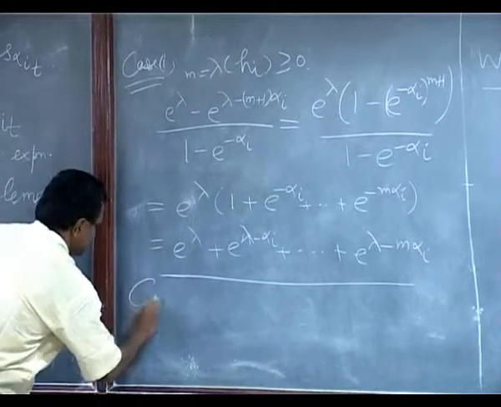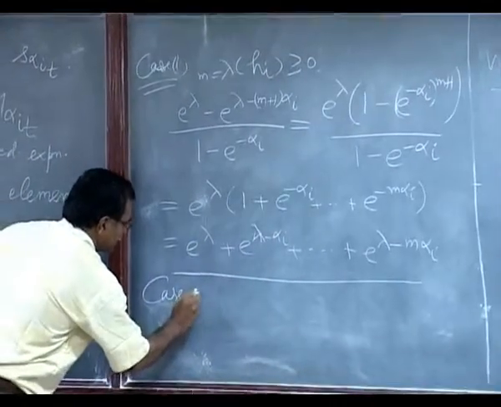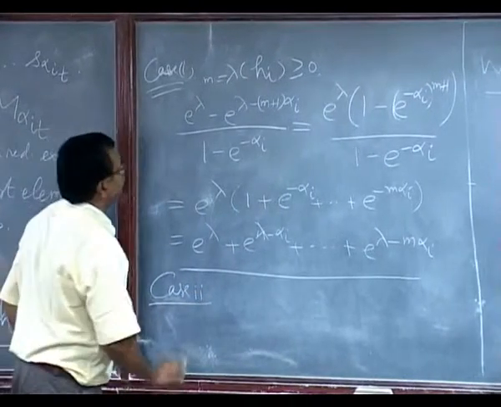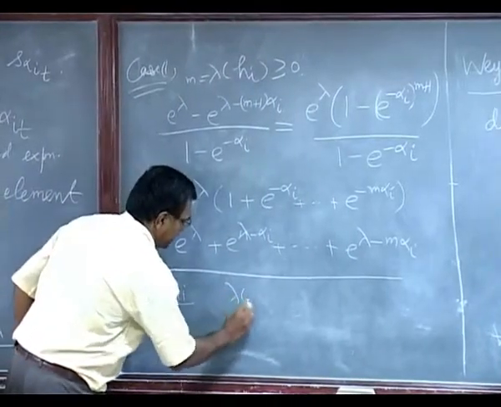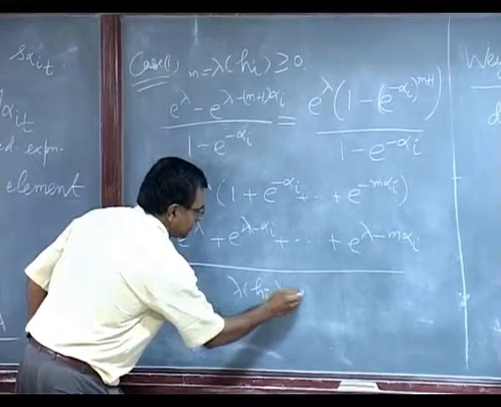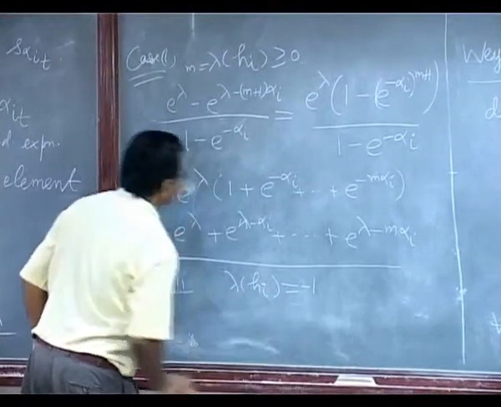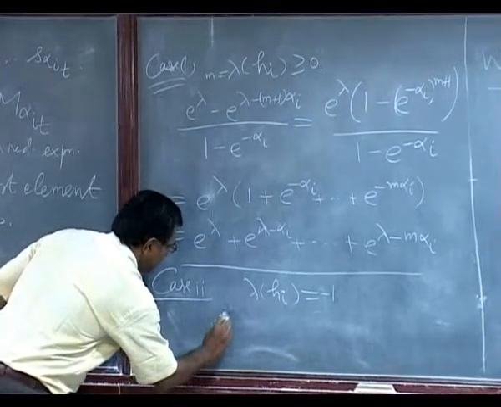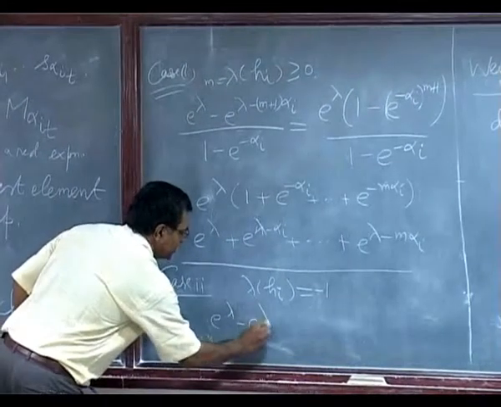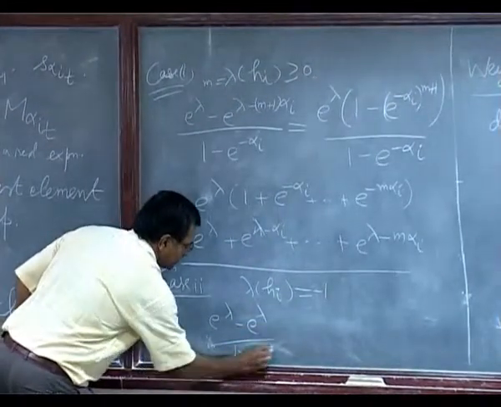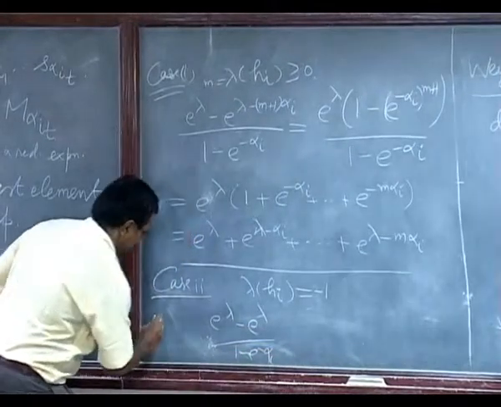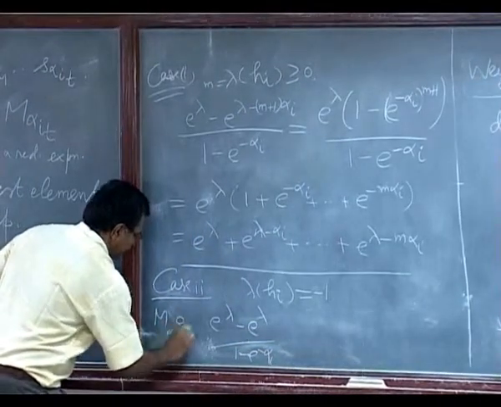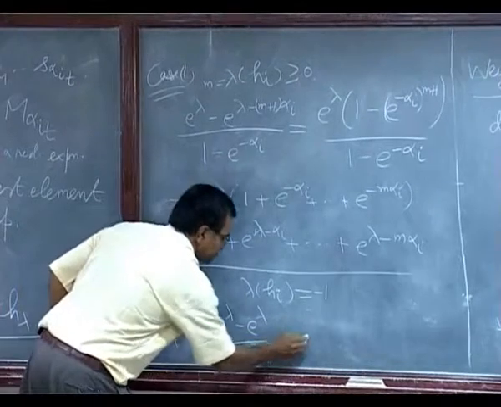So, this is the thing in the first case. In the second case, lambda of H_i equal to minus 1. So, here e^lambda minus, this is also e^lambda, in that case m_{alpha_i} lambda, this is 0.